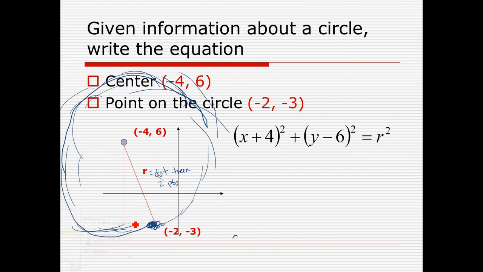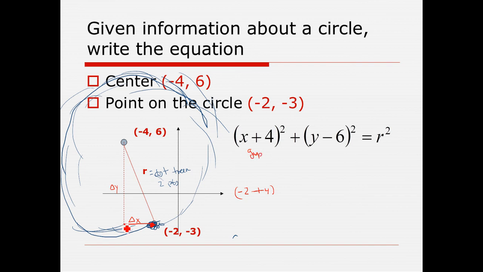From the point on the circle, how far left did you go? How far up did you go? Well, you went from -2, how many steps did you go? That's x1 minus x2, which is -2.